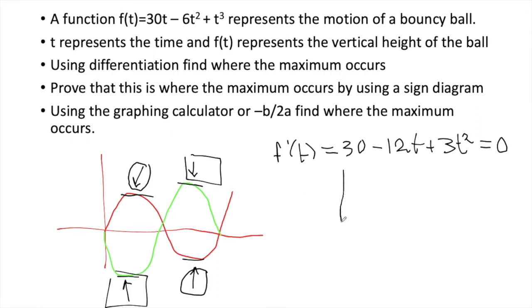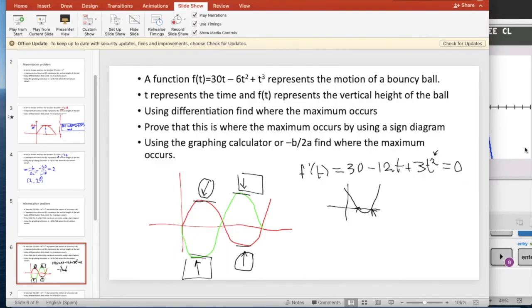Let's go to the numbers either side of 3.73. We have a negative gradient, which would be this part here, and then we have a 0, and then we have a positive gradient. So what you have to do is something called a sign diagram to prove that this is the case. Now in the exam, if you're running out of time, what you're going to do is just guess.